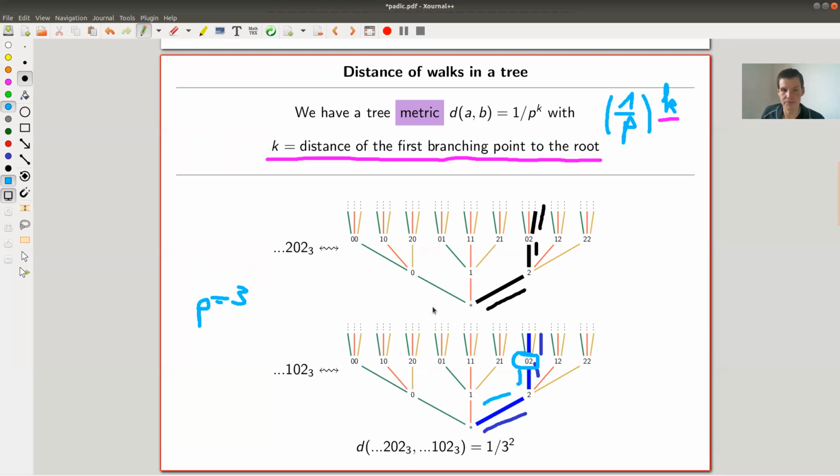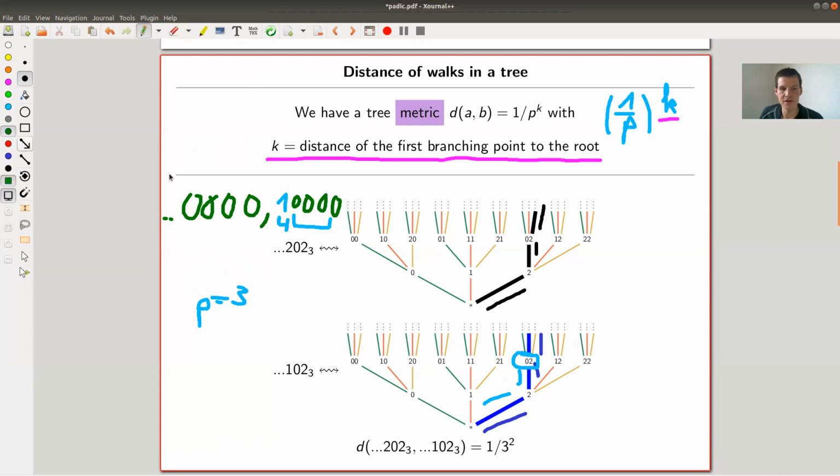In particular, that's what I was trying to say before. If you have the 0 path, right? So 0, 0, 0, 0, 0, 0, 0, which will play the role of the 0, is very close to everything that starts with a lot of zeros. Because, well, let's say here's a 1. The further this thing is away, so we have 4 here, 0, 1, 2, 3, 4, so this is position 4.